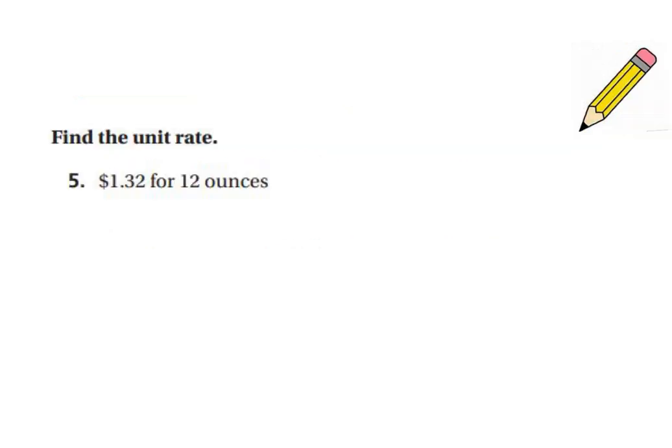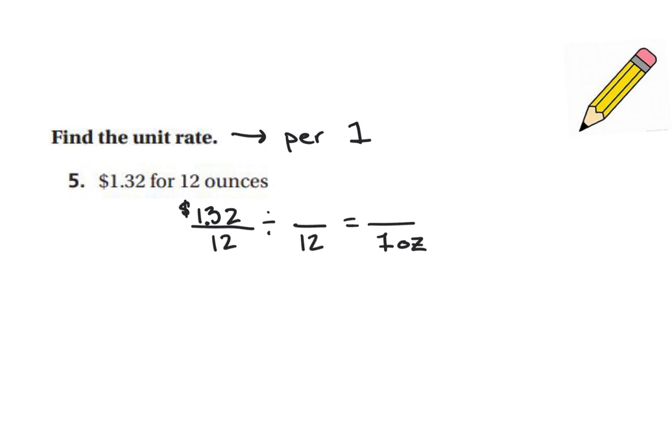These are a little bit more basic, but we're still asking you to find the unit rate. Please remember that unit rate means per 1. So our rate is $1.32 per 12 ounces. We want a rate per 1 ounce. So we would divide by 12, because 12 divided by 12 equals 1.